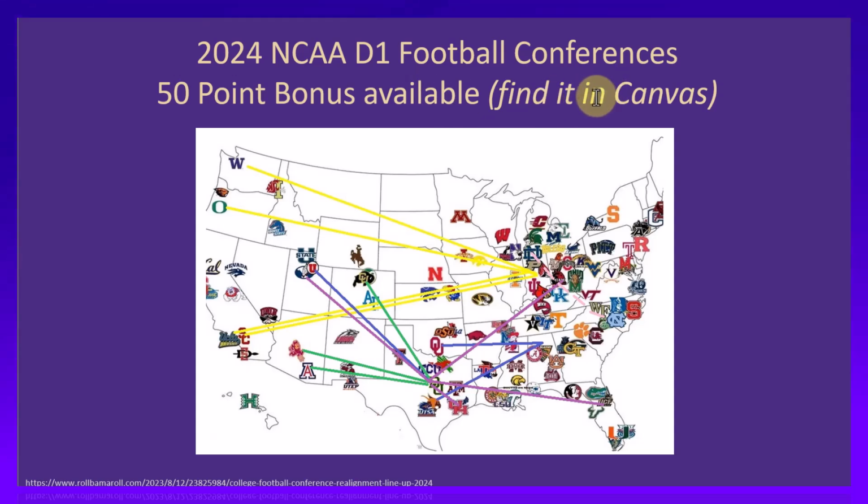It's towards the end of the course, but you could look at it now if you find it. And you'll be essentially asked to create a web map of the current 2025 Division I football conferences with all the teams.